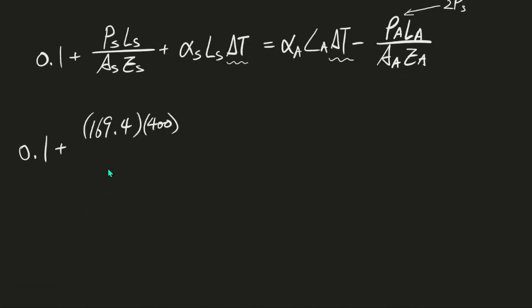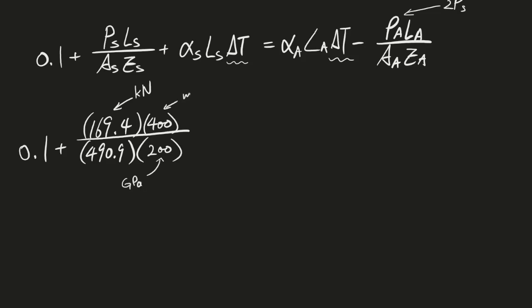It's 400 over AS, which was 490.9. And finally E. This is 200 gigapascal. So I have kilonewtons here along with gigapascal and millimeters all around. This together should give me millimeters.